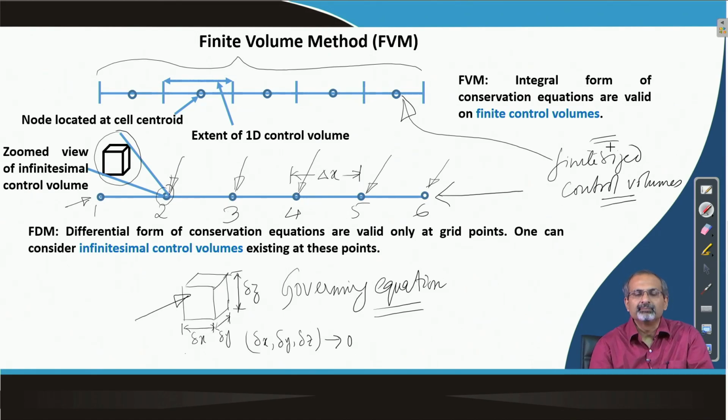One big thing that makes them more appropriate is that they are just juxtaposed next to each other, and therefore many of the conservation laws which we deal with through these governing equations can be exactly satisfied when you juxtapose finite size control volumes and set them next to each other, so that one phase of one control volume lets in a certain amount of mass, for example, and sends the same mass out through another phase, which will be received by the next control volume.